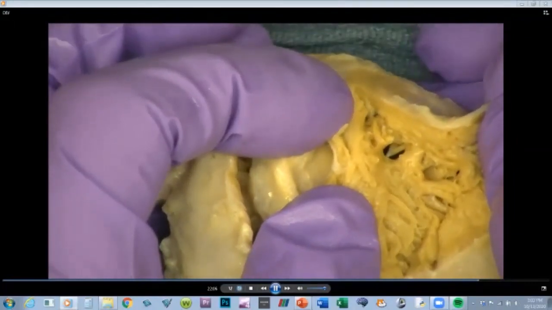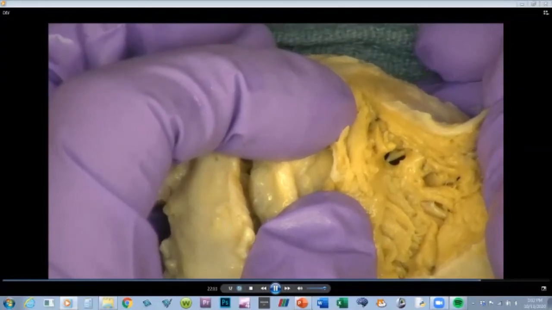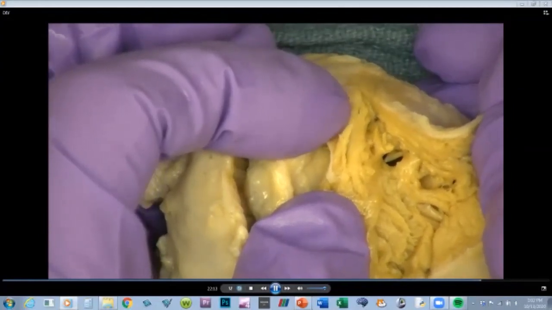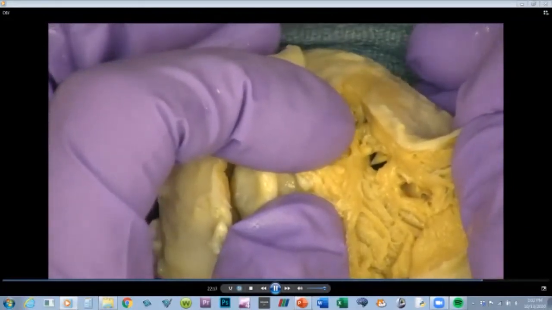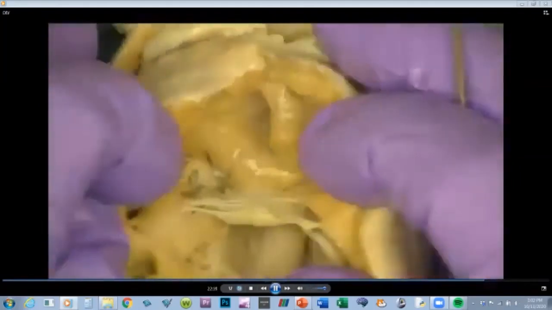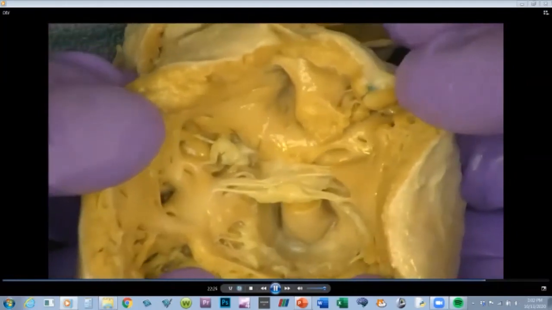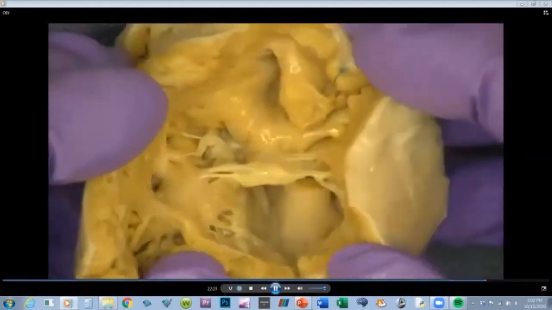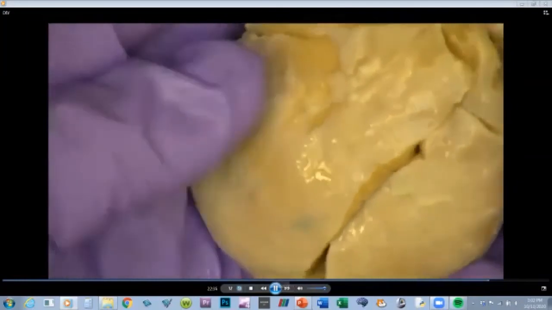You can see part of the small right-sided AV valve there associated with it. This little left ventricle was right-sided in this case. And so this is a patient with a very small right AV valve, a tiny right-sided left ventricle, and just this big double inlet right ventricle. And in this case, there was dextrocardia.